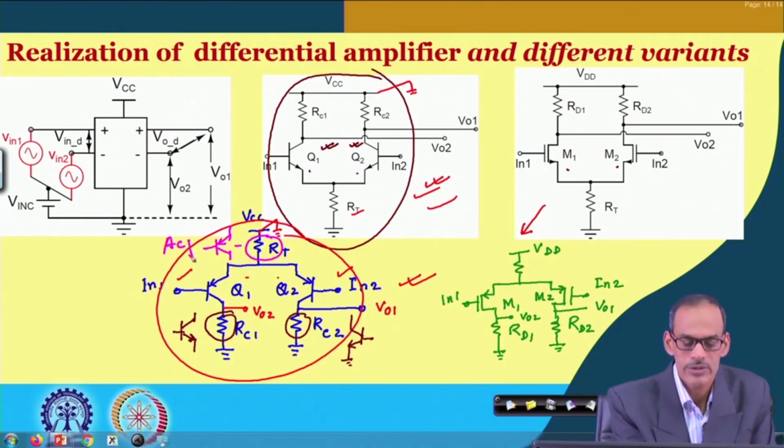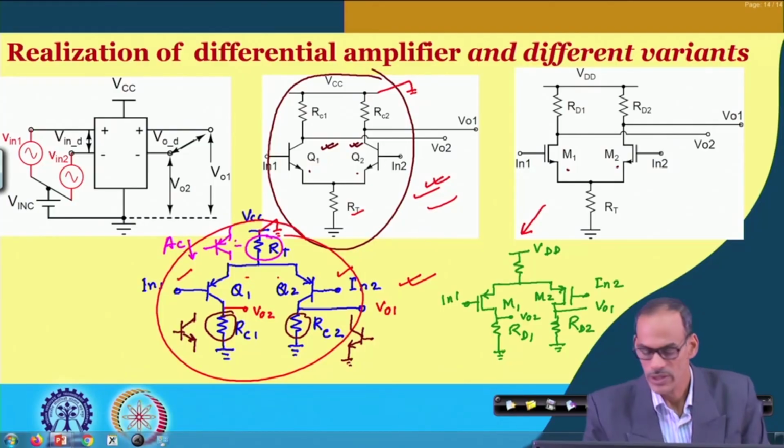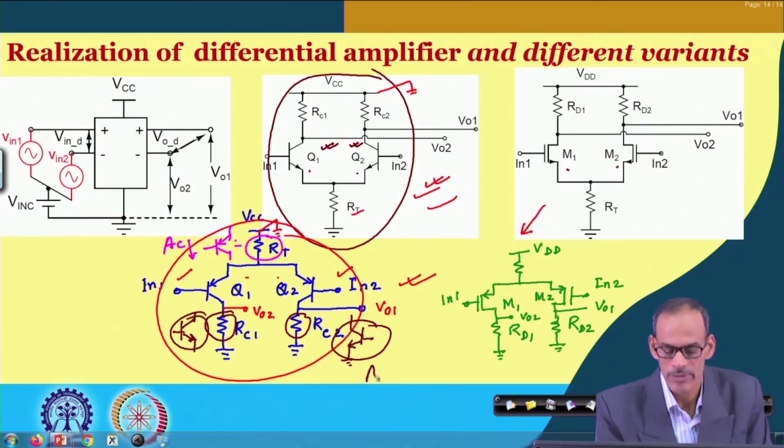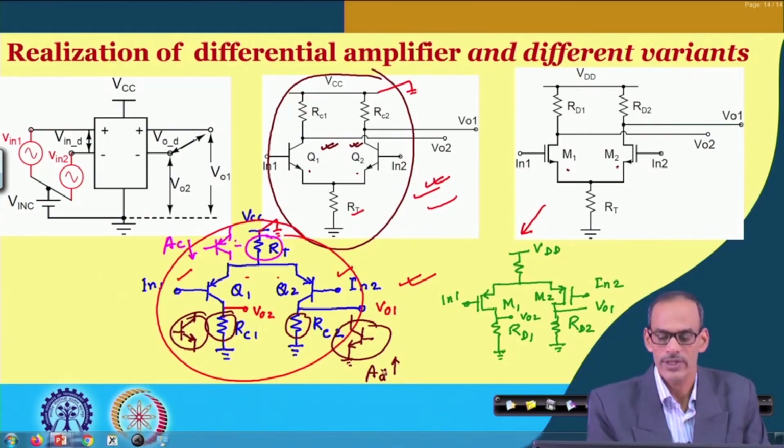So, this transistor helps to decrease the common mode gain, whereas these two transistors help to increase the differential mode gain. Now, I think it is very logical. Similar things you can do for the MOS version also.